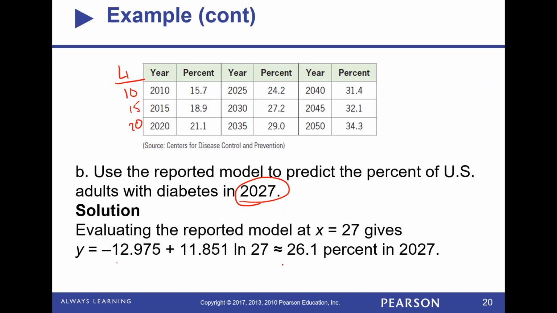With that model, we have negative 12.975 plus 11.851 times the natural log of 27. That's going to be approximately 26.1%. So in the year 2027, according to the model, we should have about 26.1% of adults reported with diabetes.